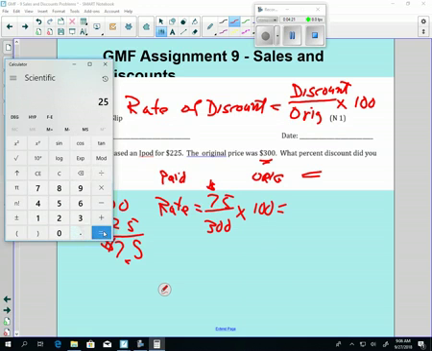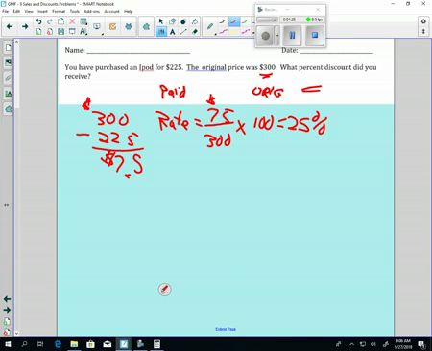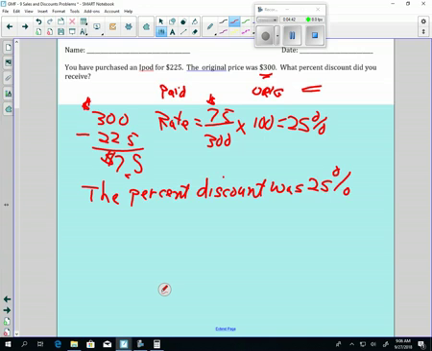So our rate or percent discount was 25%. Okay.